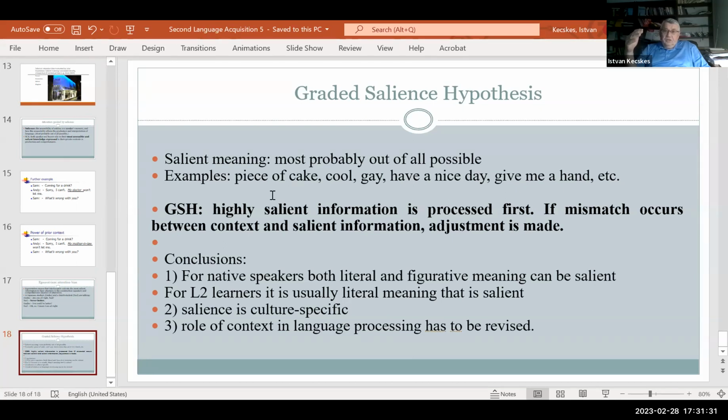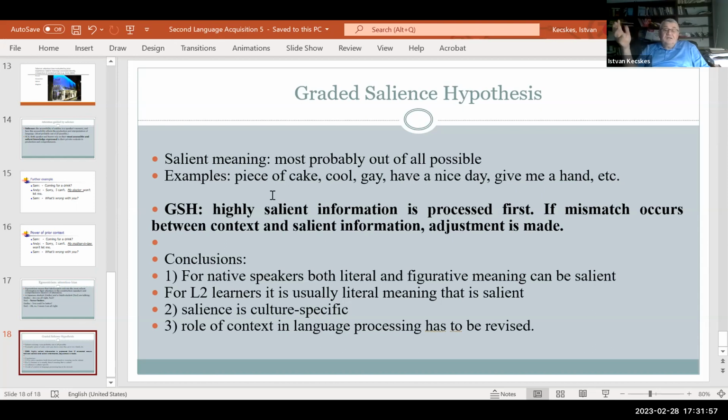So we have to revisit what we think about the effect of context, because when you teach a language, you always talk about context, how important context is to give a particular meaning to the linguistic side. A lot of scholars, Wittgenstein, Bakhtin, and others actually talked about the fact that there is no meaning without context.